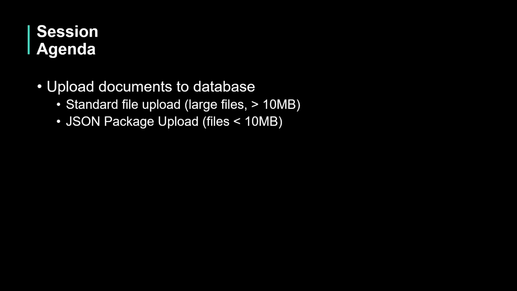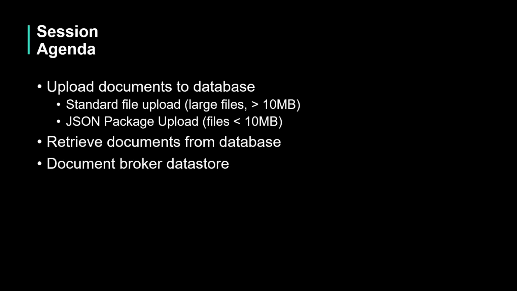I'm going to also demonstrate and talk about retrieving documents from the database. And this is exclusively going to be using the JSON packager to pull files down using the PB blob data type. I like to use what I call a broker data store.